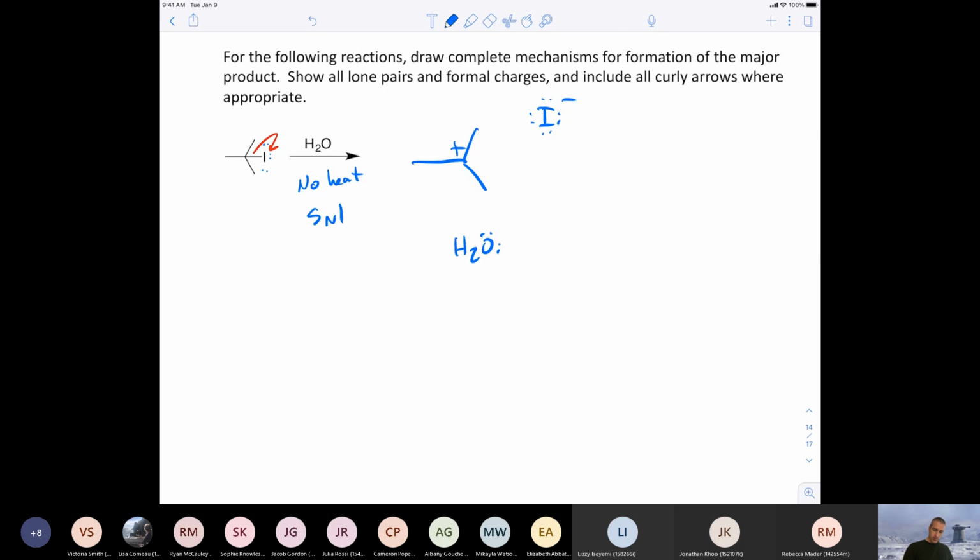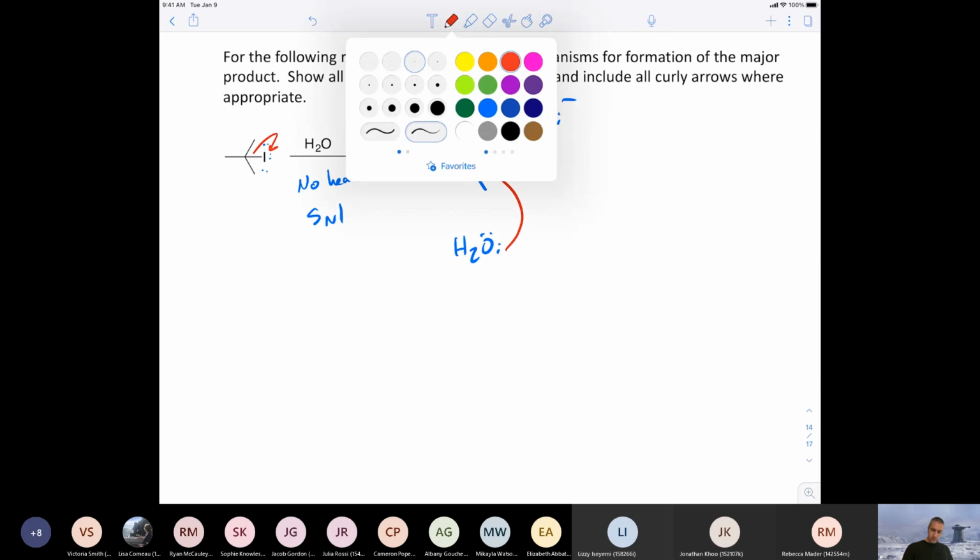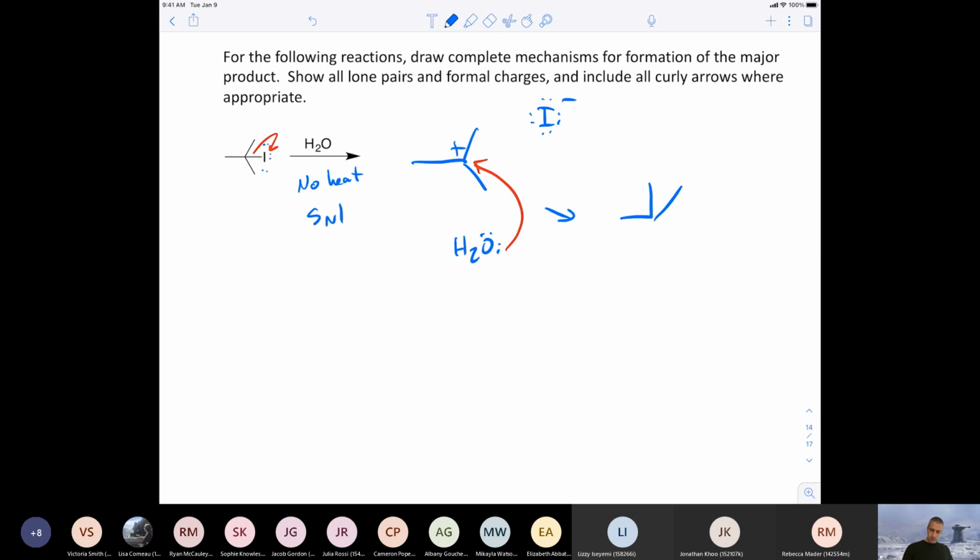I want a red arrow. And we don't like positive charges in our products, so let's bring in another water molecule.